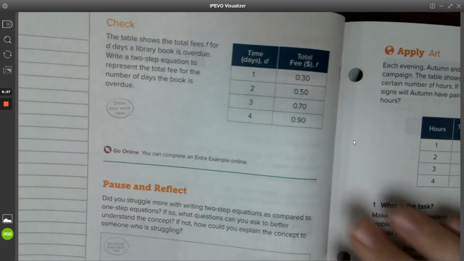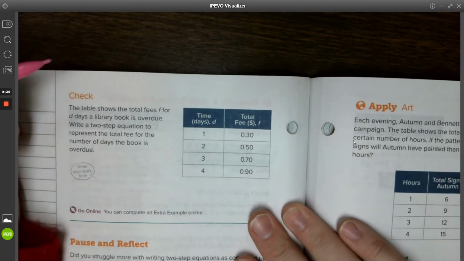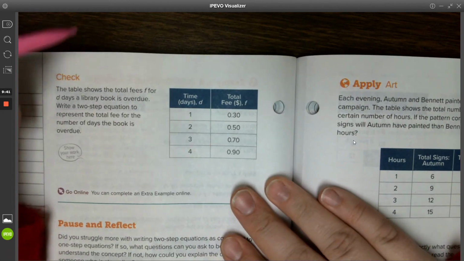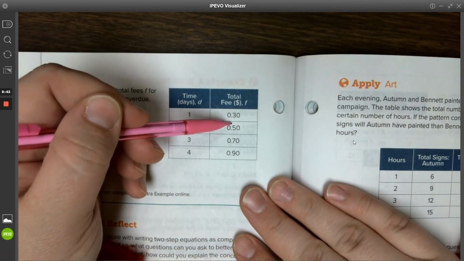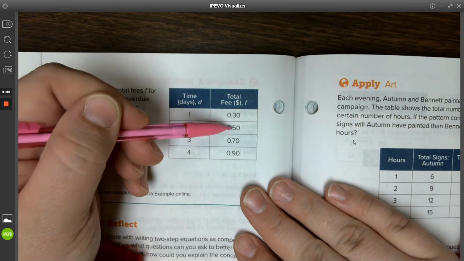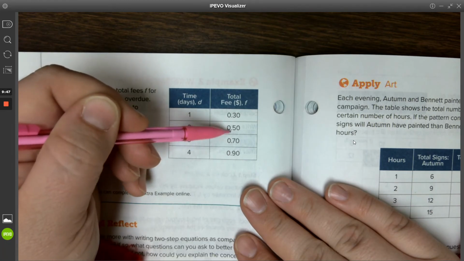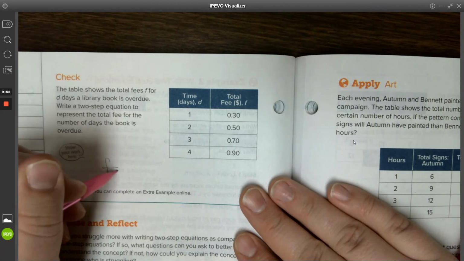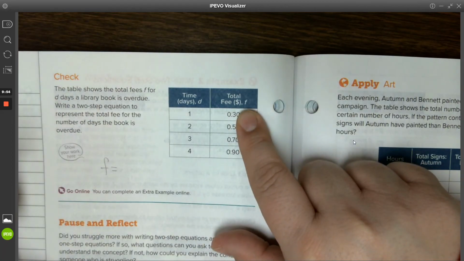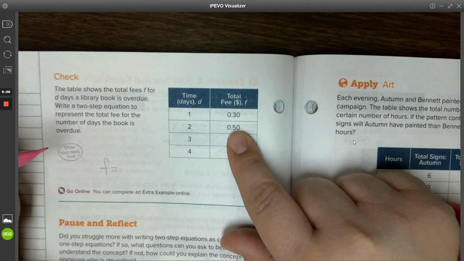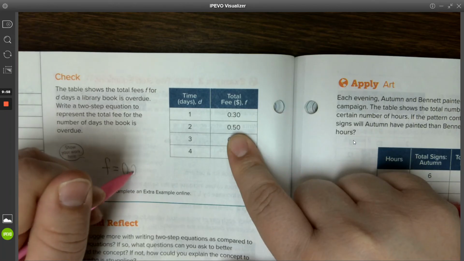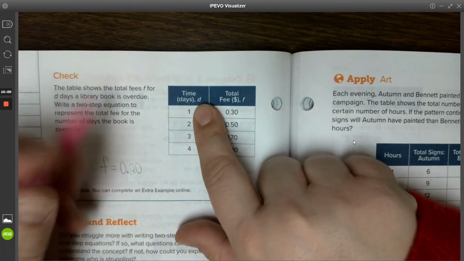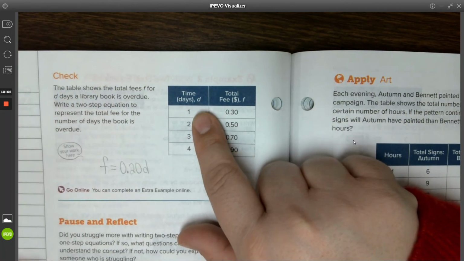Let's try our check here. Now, when we look here, once again, we start with what is the pattern? What are we increasing by each time? So when we do this, we always start with our output, F. Our output is increasing by 20 cents each time, times the number of days.